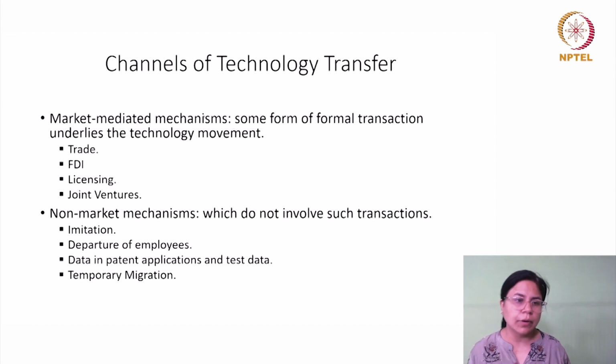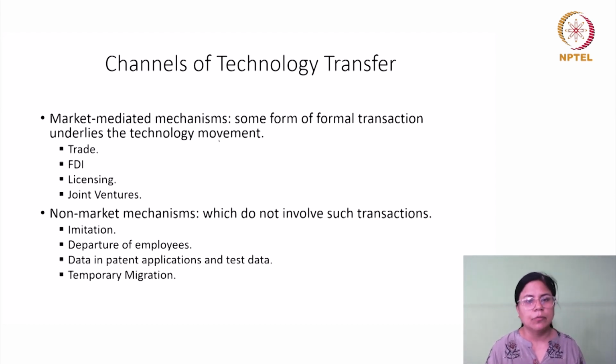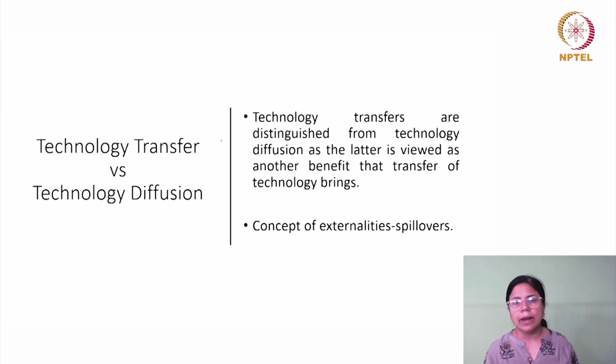The focus for our discussion will be the market mediated mechanisms. For this, we will also look at the definition of technology transfer, because now we are not looking at it in the context of a country but internationally. Broadly speaking, as we discussed earlier, technology transfer is transferring of prototypes or of a licensing, etc. But it is also important to distinguish it from another very popular word called technology diffusion.